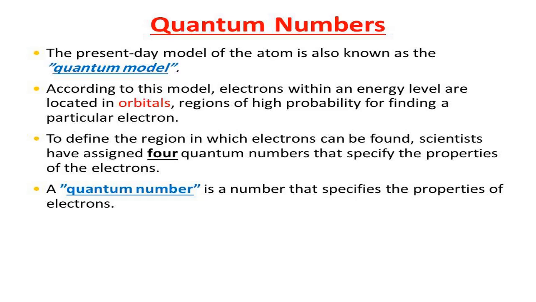Those scientists who designed the quantum model of the atom helped us to assign the location of electrons around the nucleus, but we cannot locate the electrons precisely. So we can say that we can locate the probable location of electrons around the nucleus. Let me give you an example.